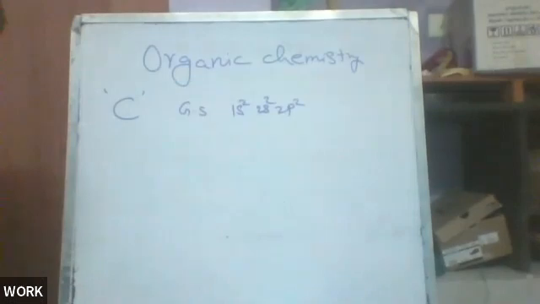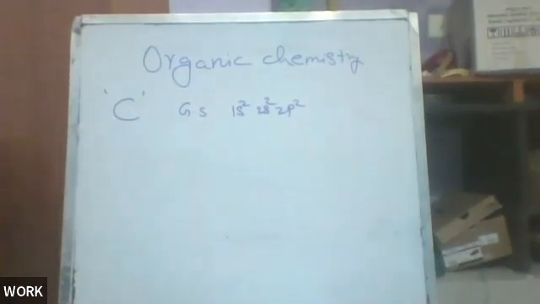The basic backbone is carbon. Mostly you have carbon and hydrogen. We know that carbon is a non-metal, a p-block element, but it also forms a branch of chemistry. That is why we call it organic chemistry.